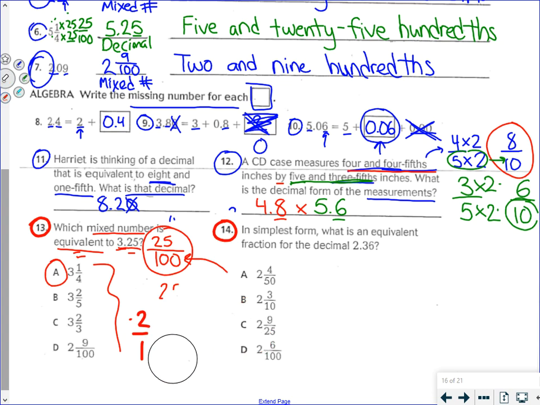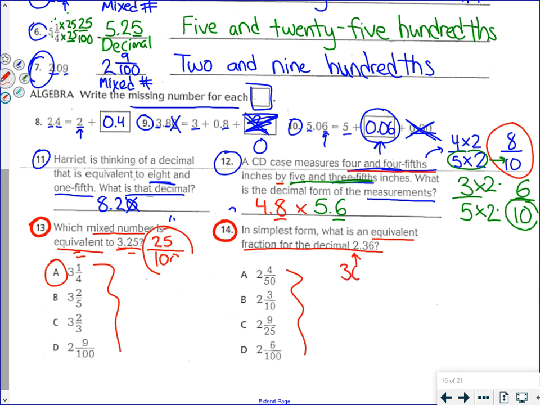If you haven't already, try that by yourself. In simplest form, what is an equivalent fraction for the decimal 2.36? I know we have the whole number 2. Now 36, I'm going to write this part as a fraction.